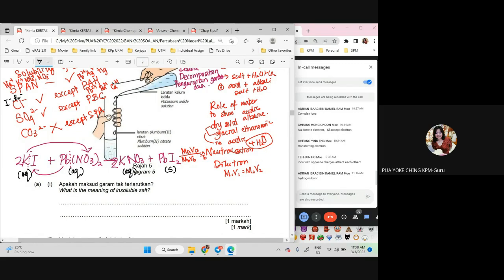Okay. What is insoluble salt? Boleh jawab definition? This is a very simple definition.